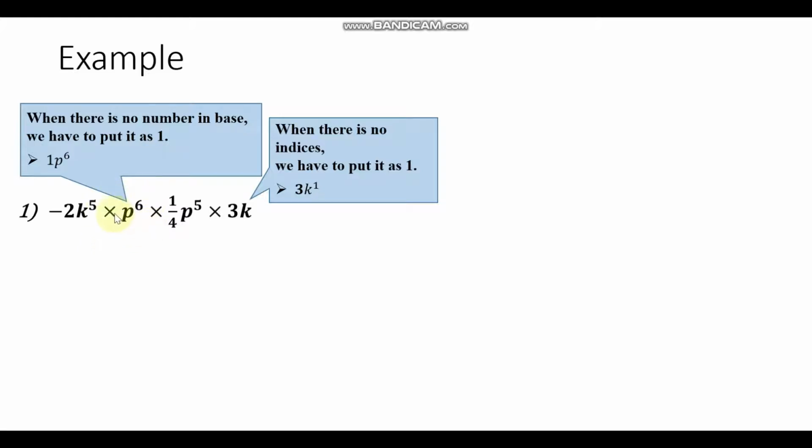For this one, we don't have a number in front of the term p, so as usual we have to put 1 in front, becoming 1p to the power of 6. And for the 3k, we don't have a value of index, so we also have to put it as 1.